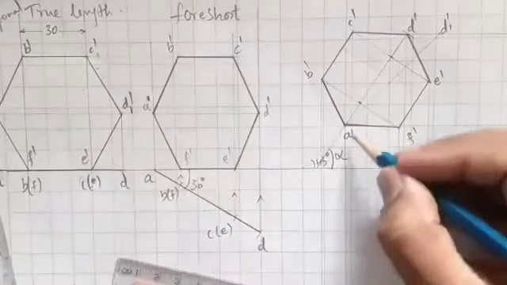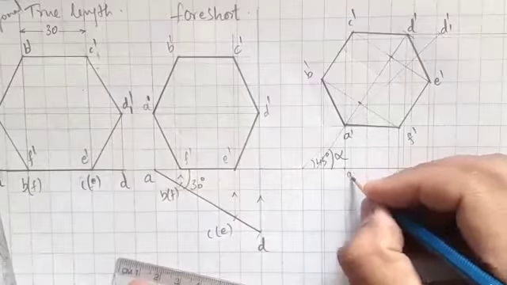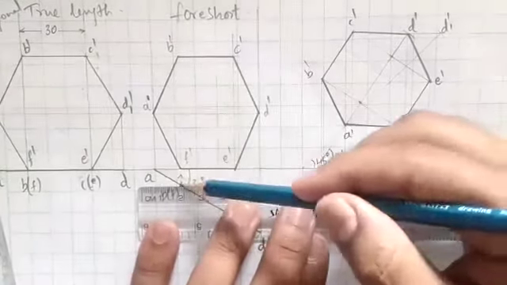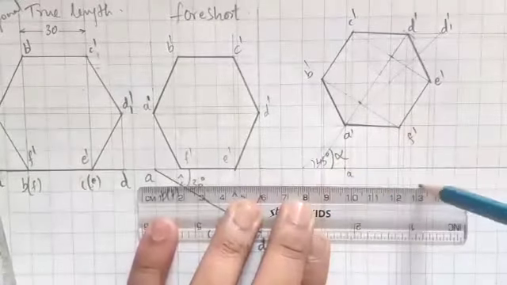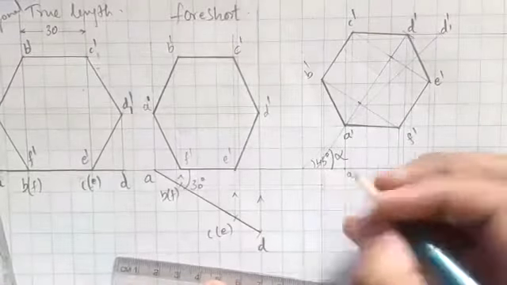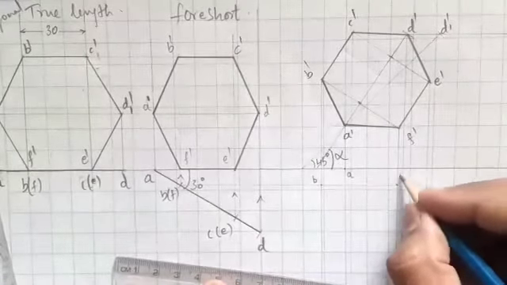A is meeting A dash here. Next, B is meeting B dash here. Again, I'll extend it so that I get the F projector also. This is B and this is F.